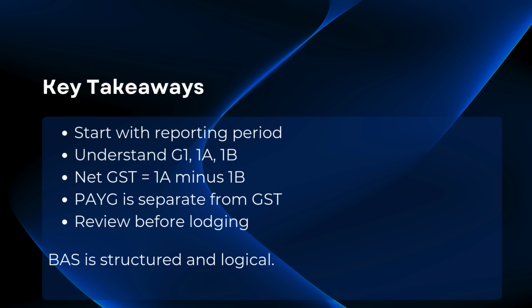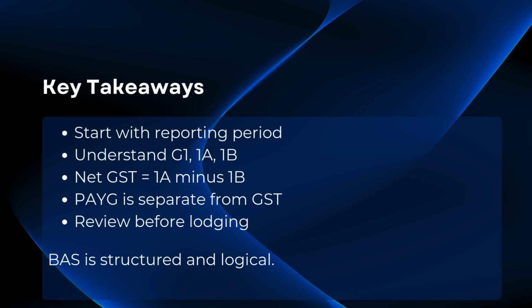To summarize, always check the reporting period. G1 equals your total sales. 1A equals your GST collected. 1B equals your GST credits.